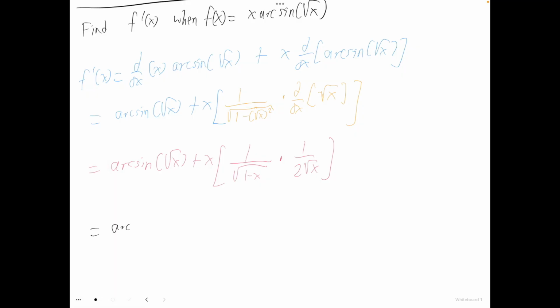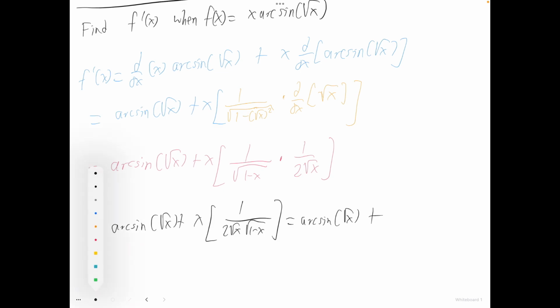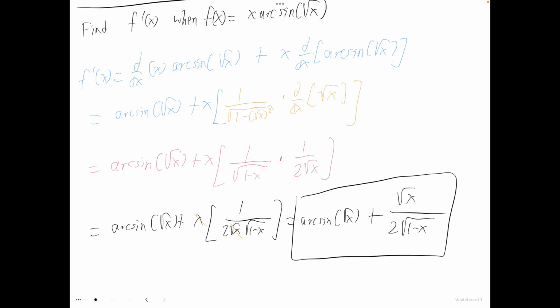So this becomes arc sine of the square root of x plus x times 1 over 2 square root of x square root of 1 minus x, which then becomes arc sine of the square root of x plus, we can cancel off part of this with the square root of x here to get a square root of x in the top, divided by 2 square root of 1 minus x. And so that then is our derivative for x arc sine of the square root of x.